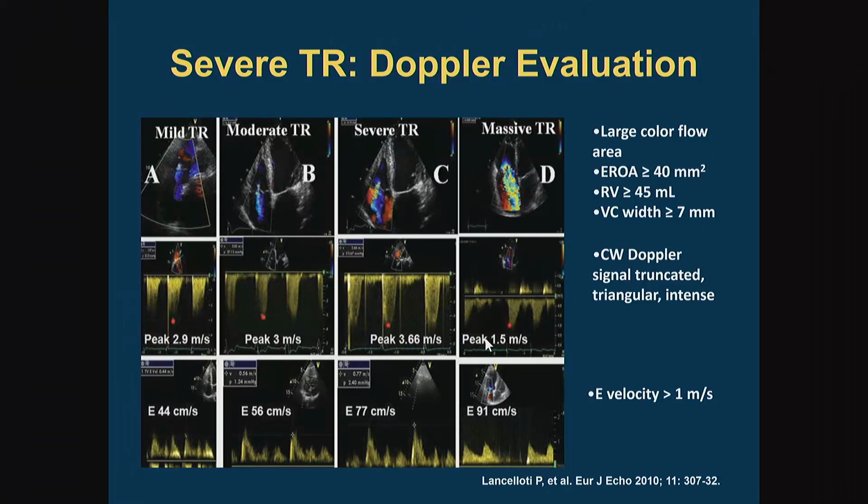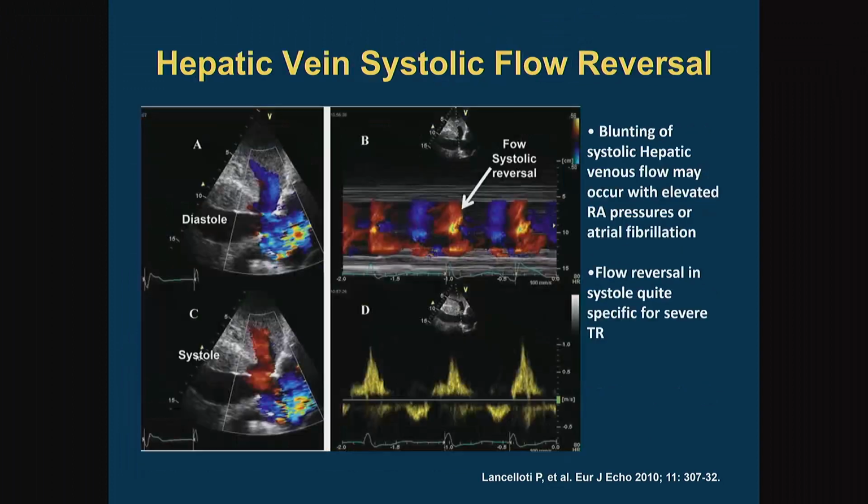Patients with severe TR on continuous wave Doppler have a truncated, intense tricuspid valve envelope that is triangular in shape and has a sharper peak than the more rounded peak of patients with mild tricuspid regurgitation. On tricuspid valve inflow views, we see an elevated E velocity, and an E velocity approaching a meter per second or exceeding that is consistent with severe TR.